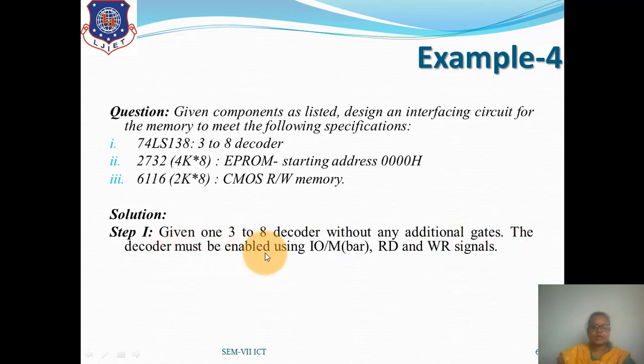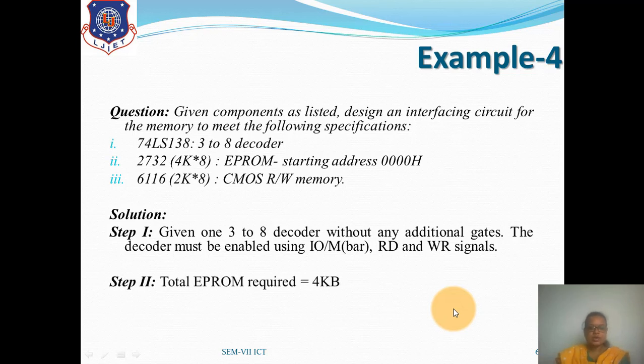Thus the decoder must be enabled using IO/M bar, RD bar and WR bar signals. So these control signals of the 8085 processor will be given to the 3:8 decoder, and the decoder will generate the particular signals related to the control signals. Now step 2 and step 3 will be the same for the calculation of starting and ending address.